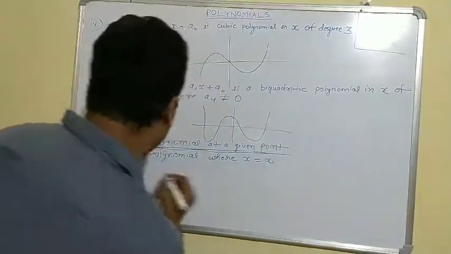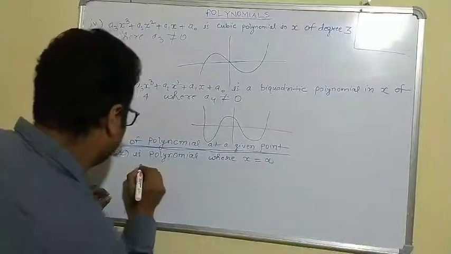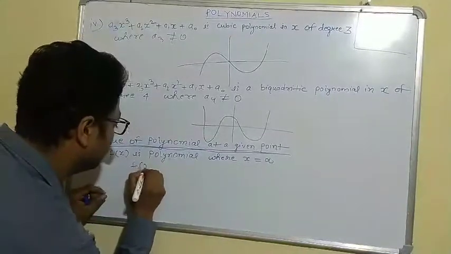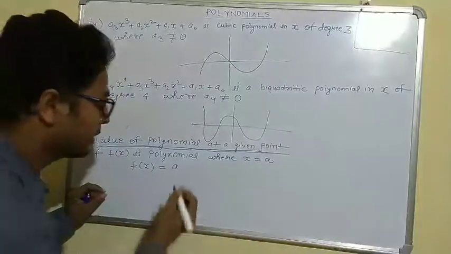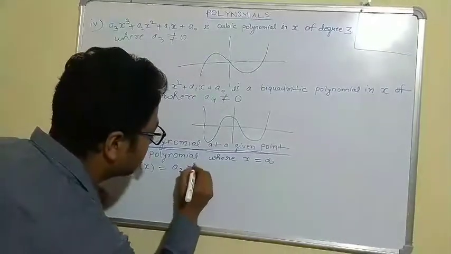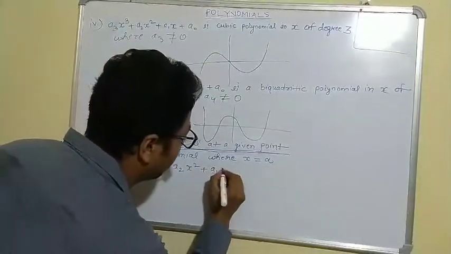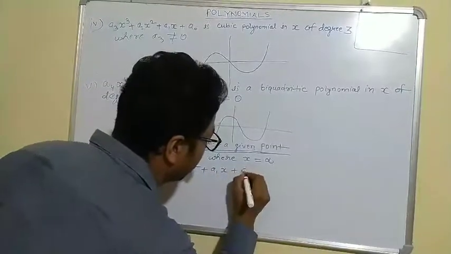It can be written as f(x) equal to a2x square plus a1x plus a naught, a quadratic polynomial.